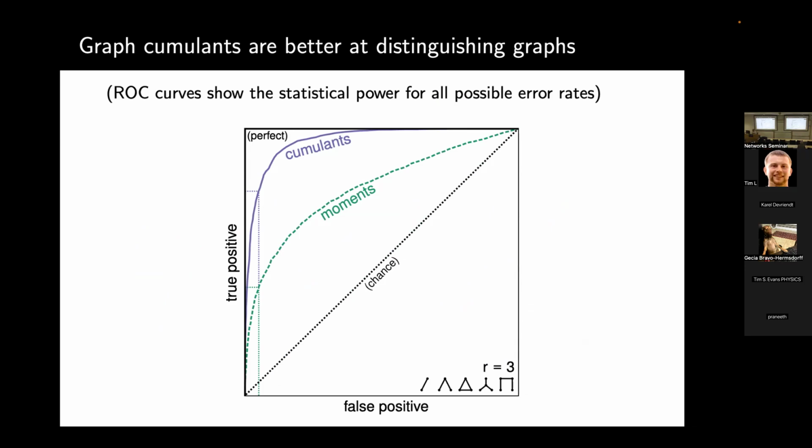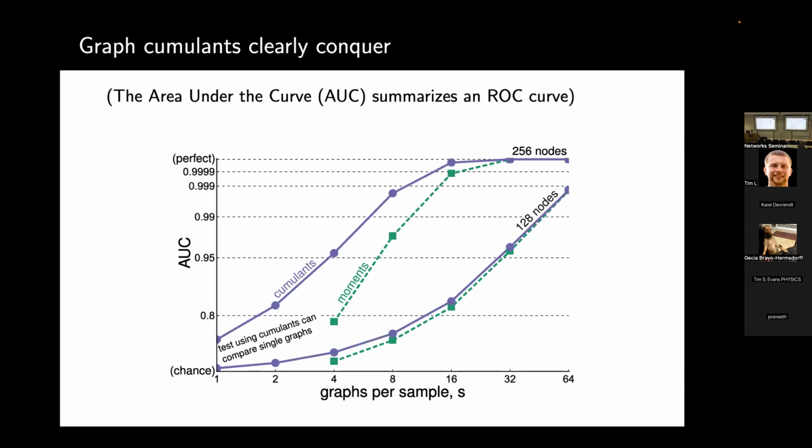And that's going to induce a rate of false positives, incorrectly concluding that they were different, and then a rate of true positives. Here, everything is summarized in the ROC curve. One thing you can do is summarize this curve with the area under the curve. A value of 1 means a perfect test. A value of 0.5 means a test that's random.